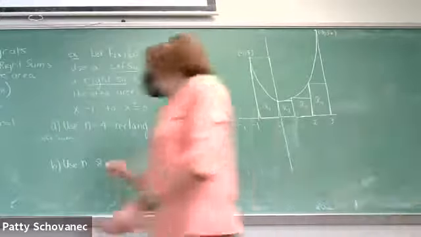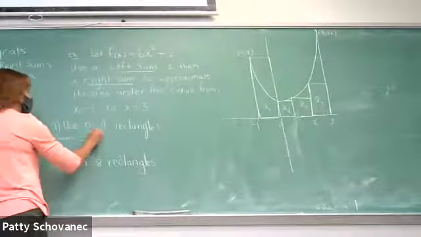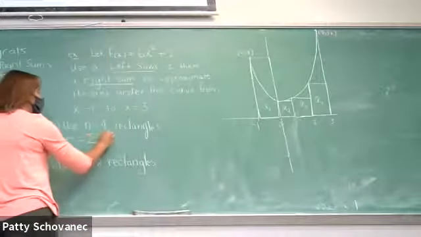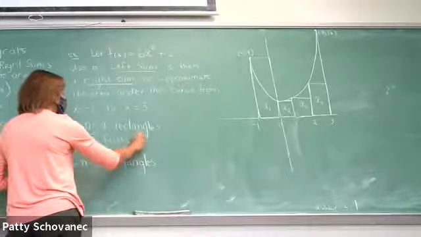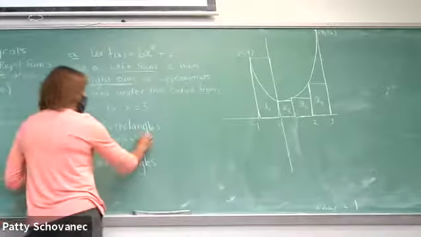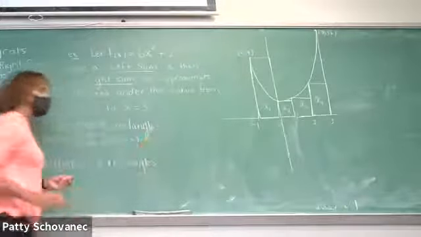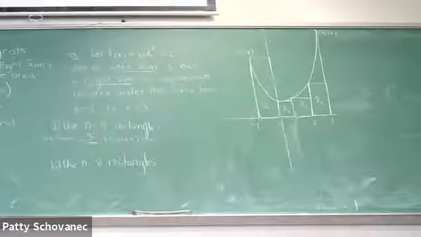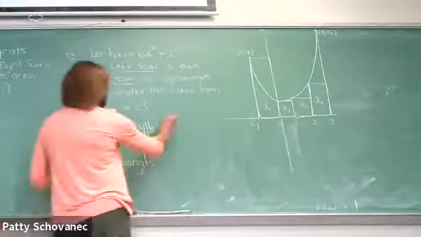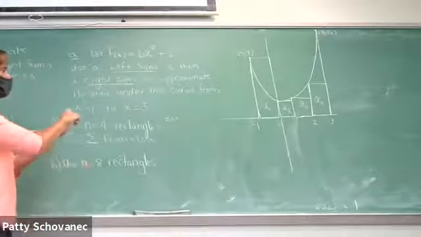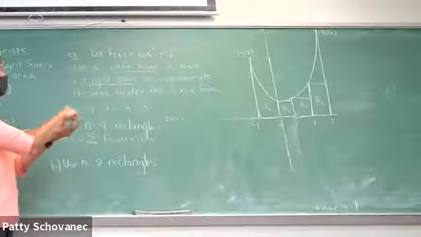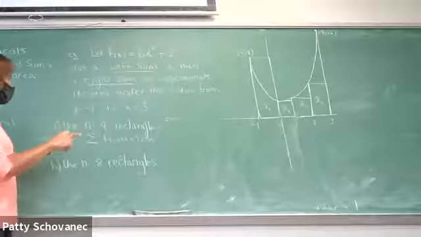So here's what we've got to do. We've got to make a sum. We evaluate our function at the leftmost x of each subinterval, and then multiply by the width of each subinterval. In this particular example, the width is 1, so delta x is just 1. My left x's are going to be -1, 0, 1, and 2, and this means add them up.